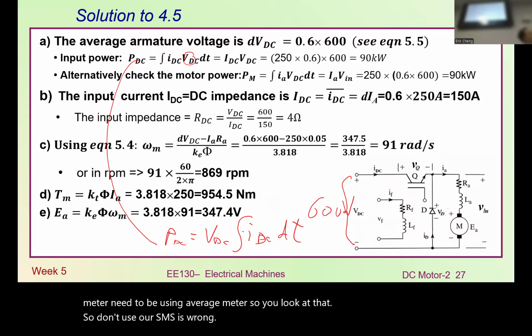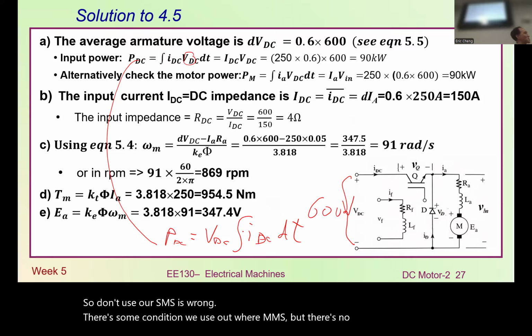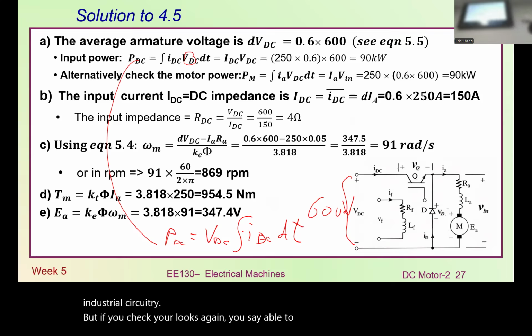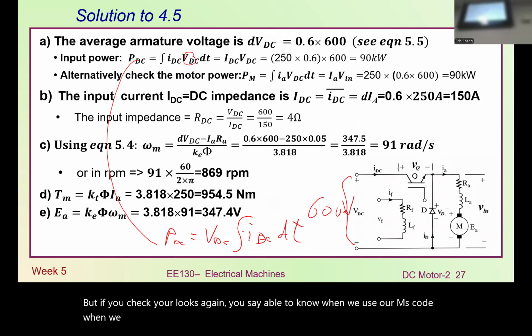There are some conditions where we use RMS, but there's no coverage of that here in electrical circuitry. But if you check your books again, you will be able to know when we use RMS current and when we use average current. Under this condition, when we input a pure DC, we use average current.